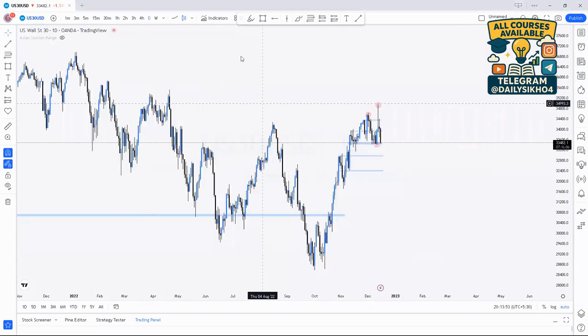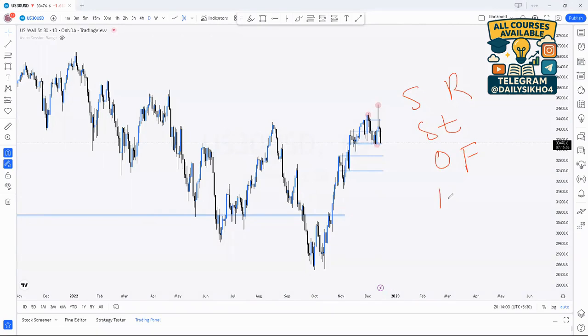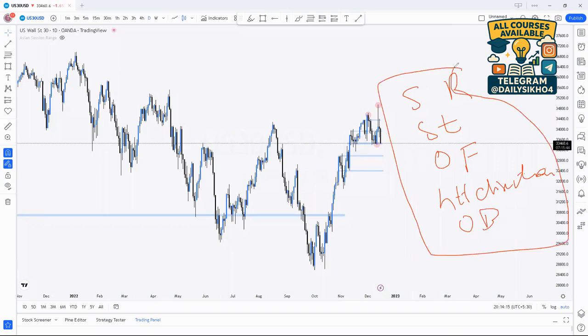Once you add support resistance along with structure, along with order flow, along with, let's say, HTF direction, and once you also add order blocks along with it, that's going to be very powerful.